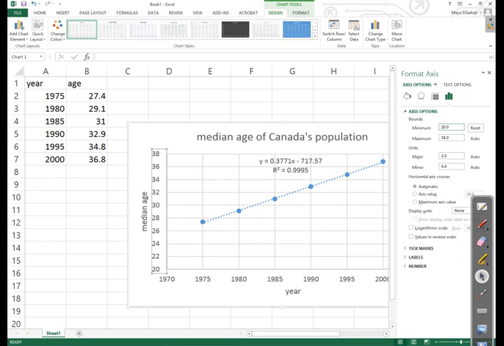Add trend line. Okay, so double click. So that's done. In order to add axis titles, you're going to get that plus, and then you're going to select axis titles.